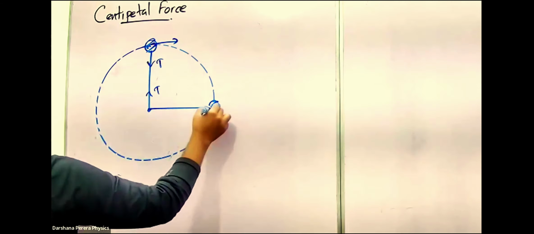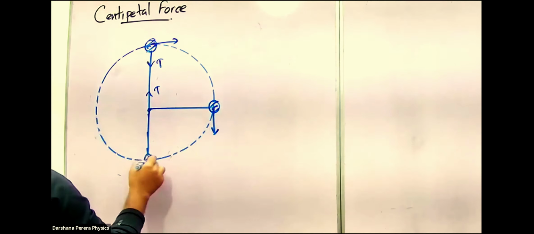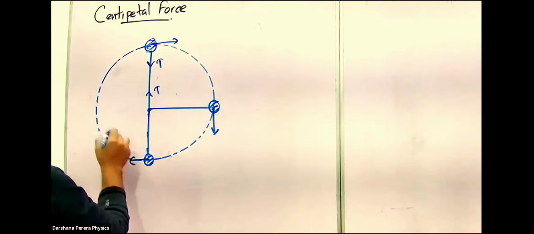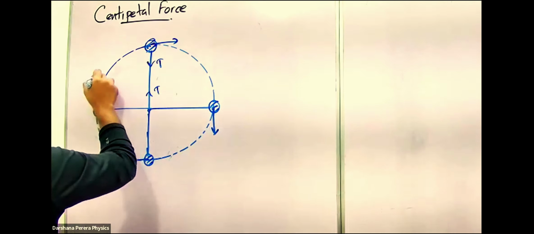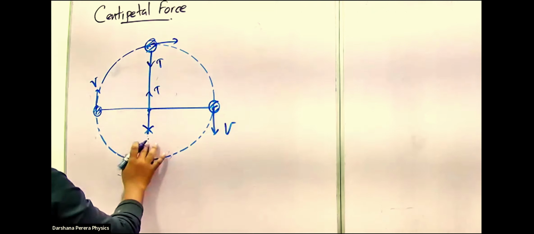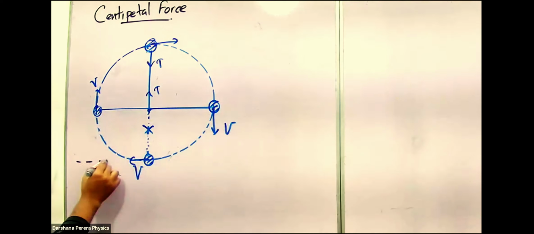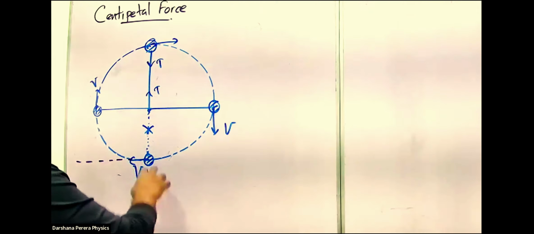Let's take this example. When we rotate an object using a string, right? While moving, we cut the string. Therefore, it's moving along this direction. Why?